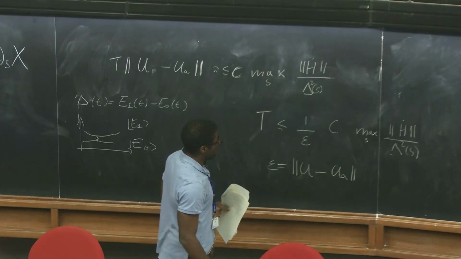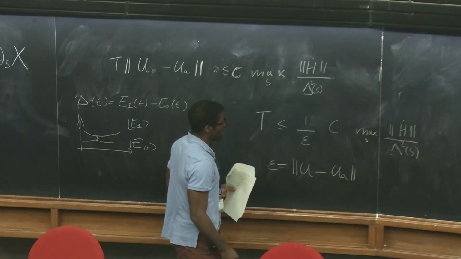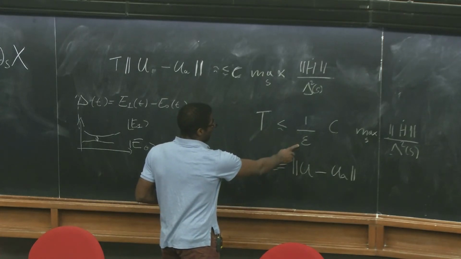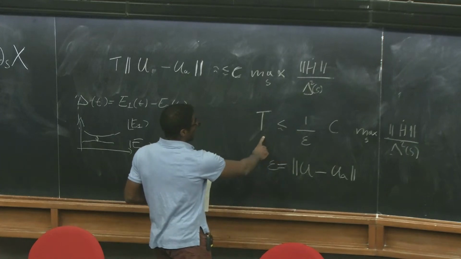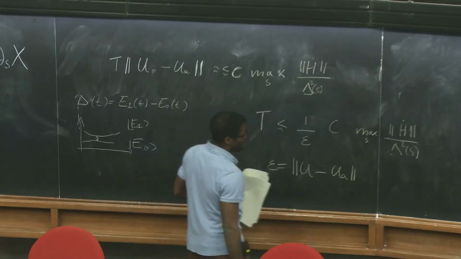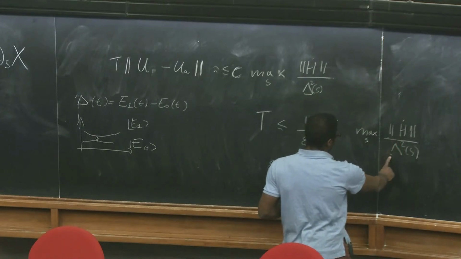But on the other hand, it's also telling us that with a fixed epsilon, we can achieve a sufficiently good performance if we choose the time large enough. And what are the physical quantities defining how large this time has to be? These are the derivative of the Hamiltonian and the gap.